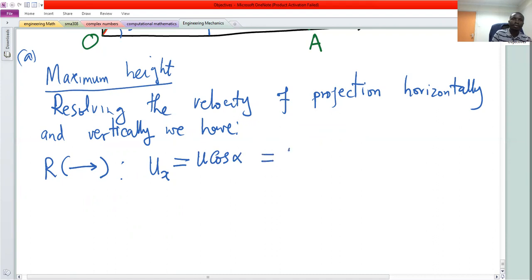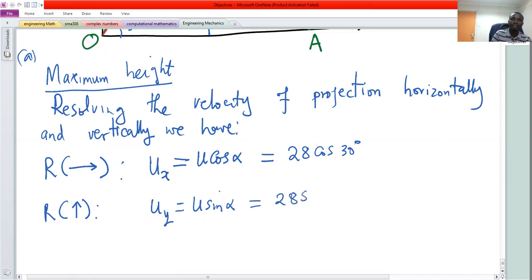And in this case, our U is 28, and then alpha is 30 degrees. And then resolving in the vertical direction, Uy is given by U sine alpha, which is 28 sine of 30 degrees.